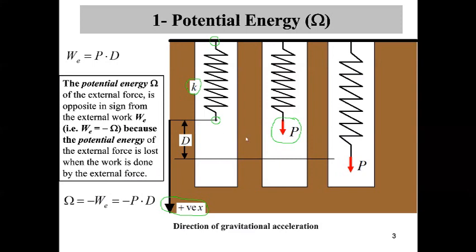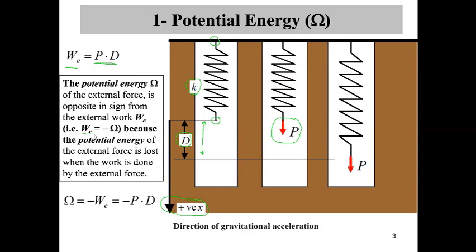The external nodal force P will cause the spring to stretch or deform an amount of d in the same direction as positive x. The corresponding external work, WE, done by the external nodal force will be P times d. The potential energy omega of the external force is opposite in sign from the external work WE.